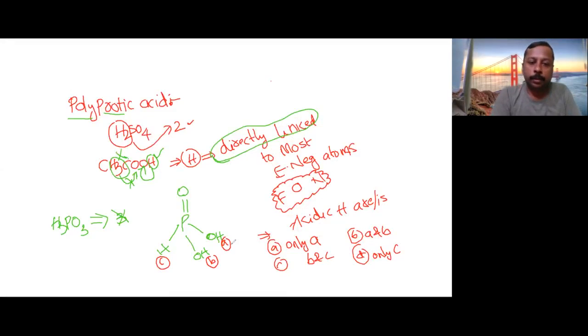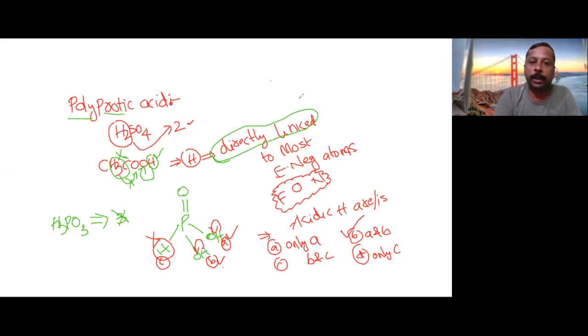Okay, here. So see this. This hydrogen is directly connected to oxygen, therefore it is acidic hydrogen. This hydrogen is also directly connected to oxygen. Now here, it is nowhere connected to oxygen. That's why this is not acidic hydrogen. A and B are acidic hydrogens, so option B is correct. Is that clear?